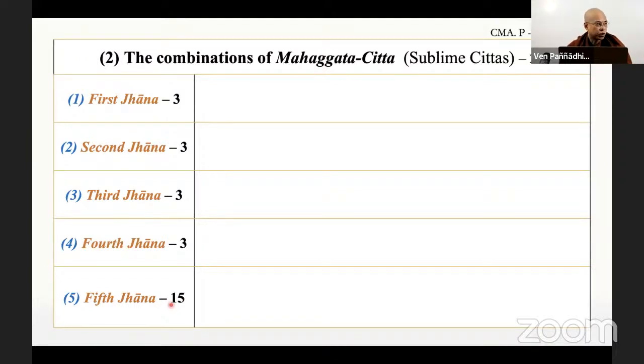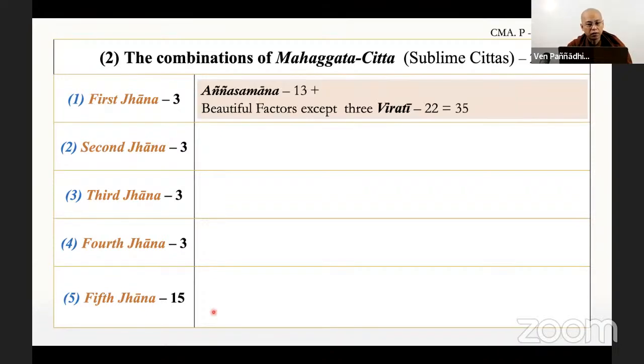Okay, great. So we have to always remember, all immaterial consciousness are counted under the enumeration of the 5th jhana. If you know, let's continue. At most 35, we already know: Anya Samana 13, and beautiful except Pariyatti, so 22 become 35.